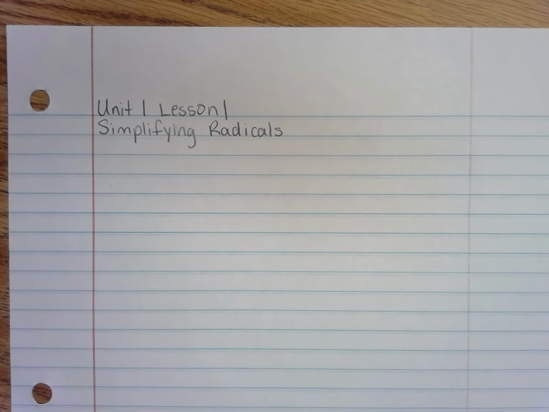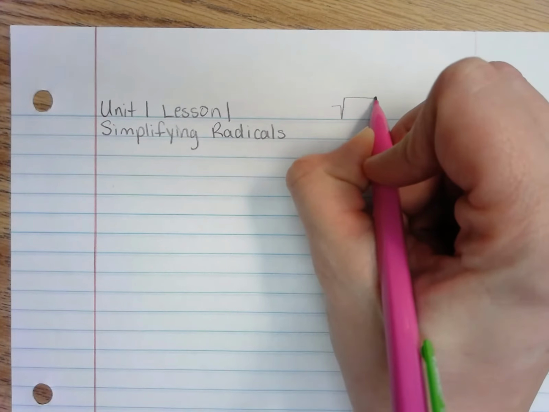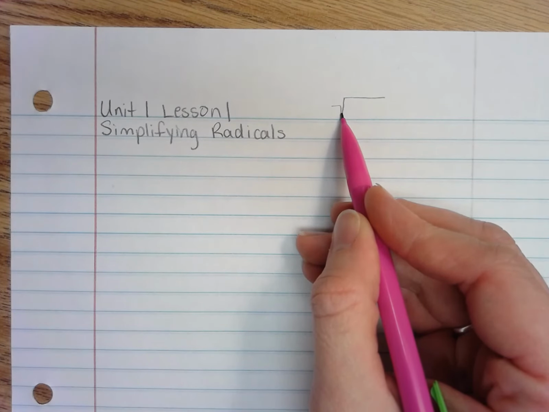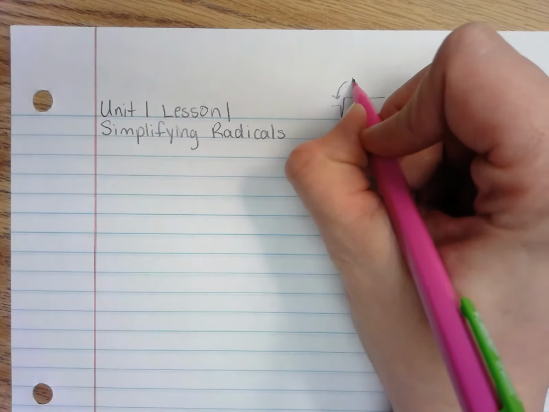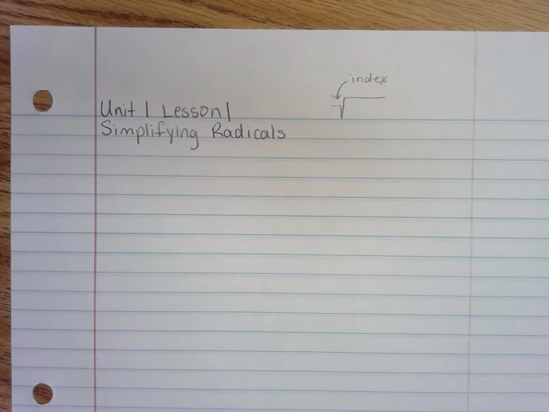In this lesson, you will learn how to simplify radicals with an index number of 2. So when we're looking at radicals, this symbol is the operation of square root if the index number is a 2. Most often it is understood to be a 2 if there's not an index number there.